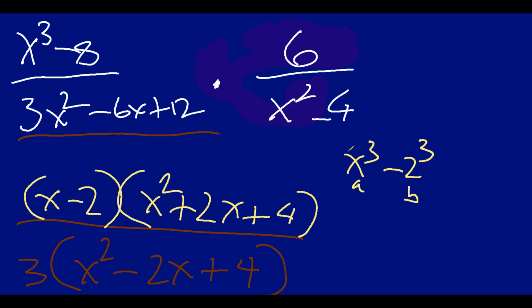So we've dealt with one of the fractions and factored it as much as possible. For the bottom, we moved the 3 outside the parentheses, and for the x to the third minus 8, we followed the sum or difference of cubes pattern, which is commonly used for factoring. Now we can move on to the next fraction.